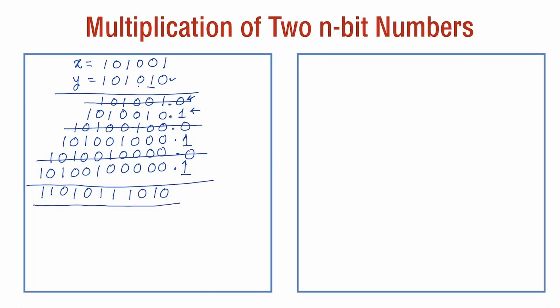This is the final multiplication result. And if we apply the longhand method, then this method is very clearly an order n squared algorithm if we apply it for multiplying two n-bit numbers. So if this is an n-bit number, then this method will give an order n squared multiplication.